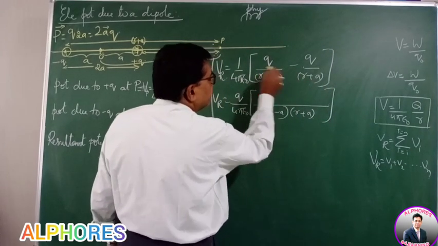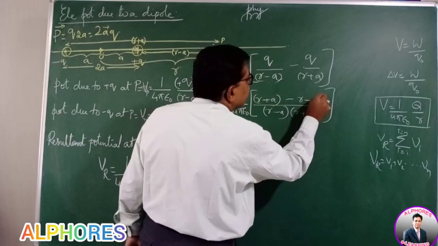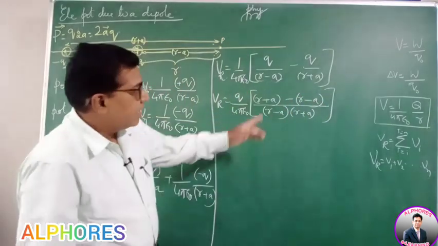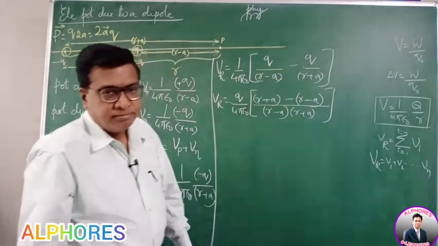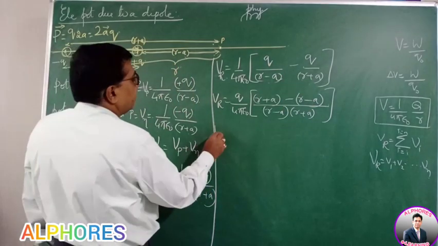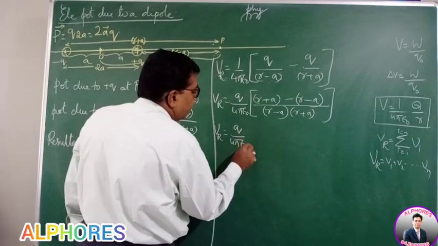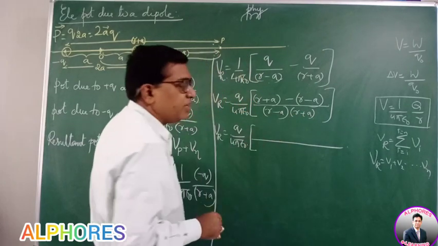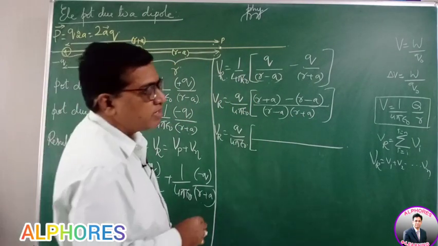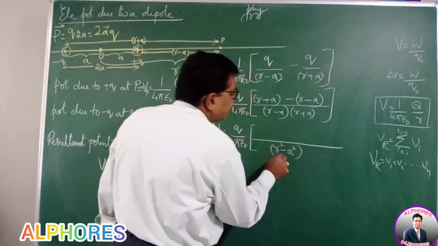Well, on taking LCM and putting the things on either sides, I get R plus A. I am taking LCM, that is R plus A into R minus A. You have to multiply this here and this here, right? So therefore, the resultant potential at point P is Q by 4 pi epsilon naught. Now, in the denominator, it is A plus B into A minus B. You know, A plus B into A minus B is A square minus B square. So it is R square minus A square.